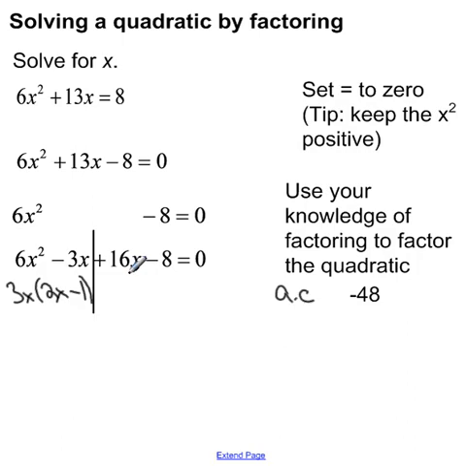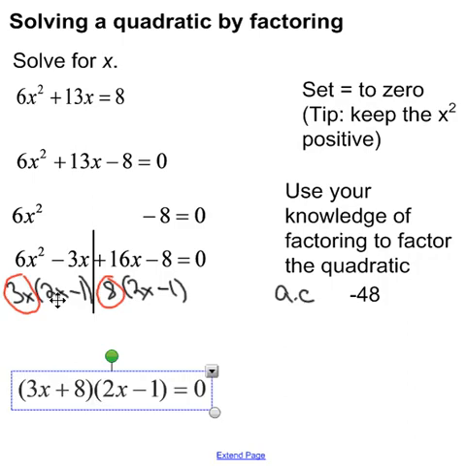And the GCF here is going to be 8. So we factor out an 8. So we got 8 times 2x and 8 times negative 1. And then you bring this into one binomial. You get 3x plus 8, and then you make this into one binomial and you get 2x minus 1. So we factored it.